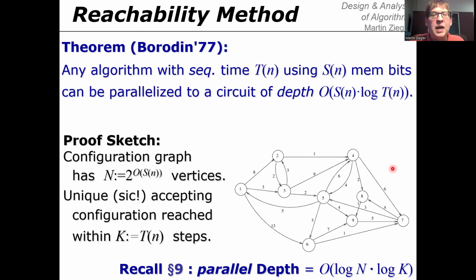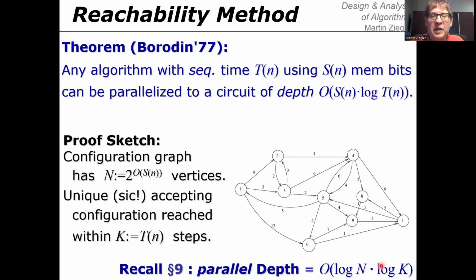And thus we can translate the original question, does the algorithm accept a particular input, yes or no, to the question whether there exists a path in this huge graph from the unique starting configuration to the unique accepting configuration. And since we know that the running time of our algorithm is promised to be T of n, that means the number of steps, the length of this path, the number of edges traversed, will be at most T of n. So that's okay.